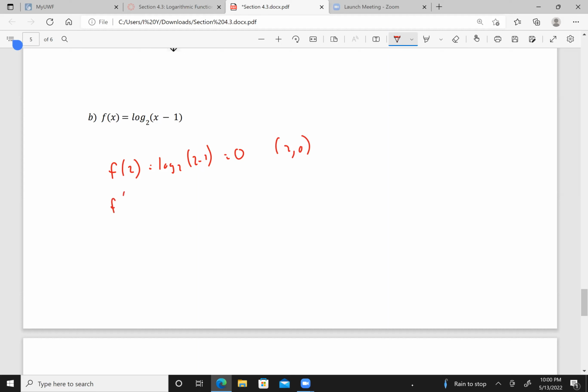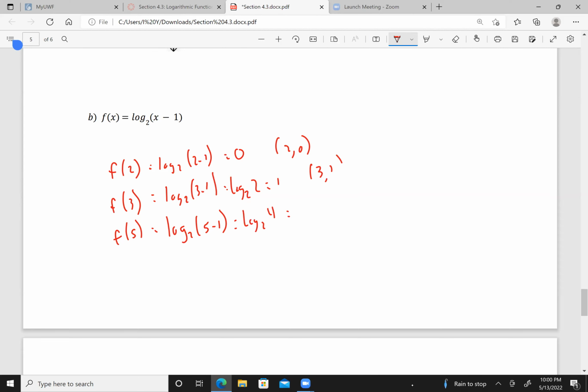Okay, how about f of 3? That gives me log base 2 of 3 minus 1, log base 2 of 2, which is 1. So I have 3, 1. And let's go f of 5. That gives me log base 2 of 5 minus 1, which equals log base 2 of 4, which is 2.